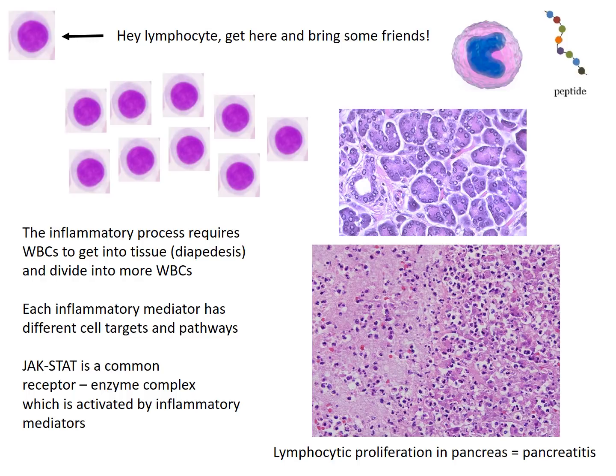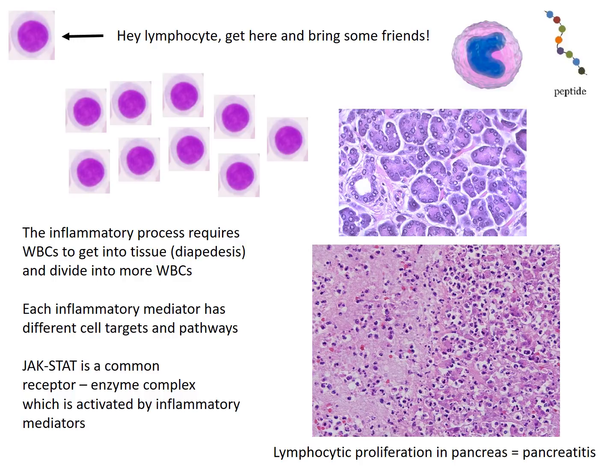We're going to talk about something called JAK-STAT. JAK-STAT is a specific type of receptor enzyme complex that we find in white blood cells. And activation of that JAK-STAT complex is one way of turning on these white blood cells.